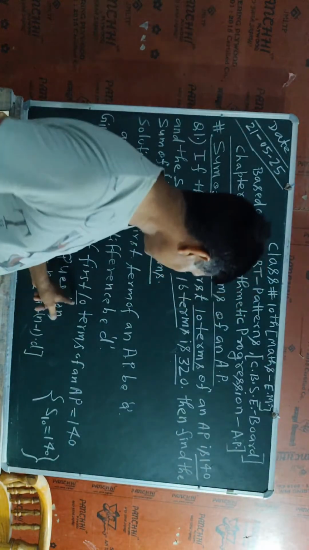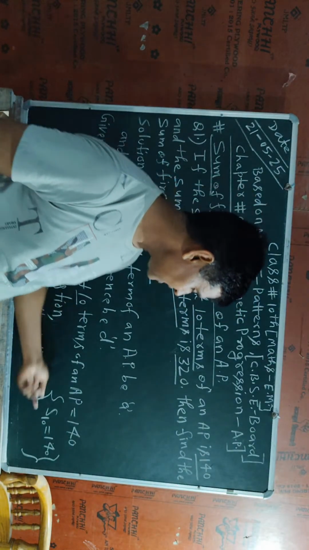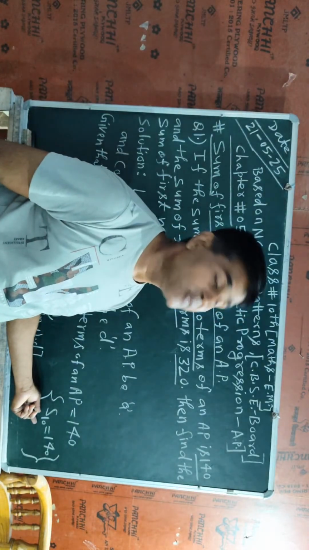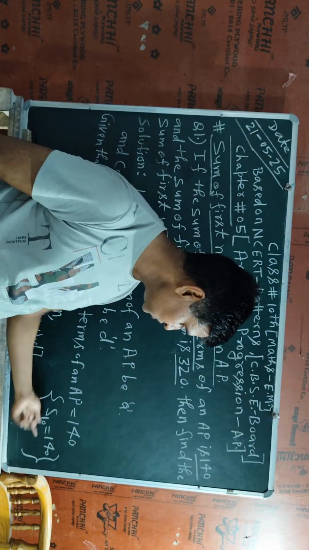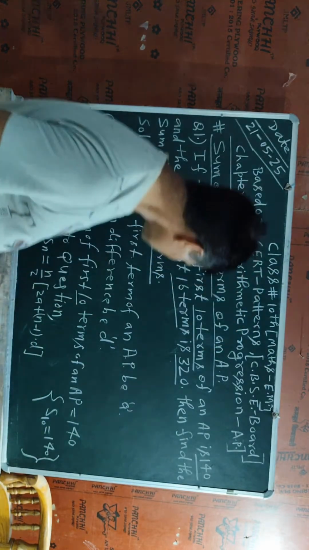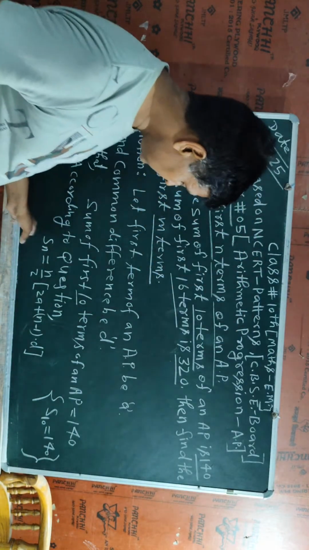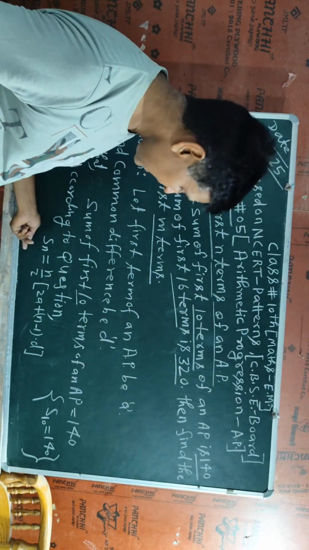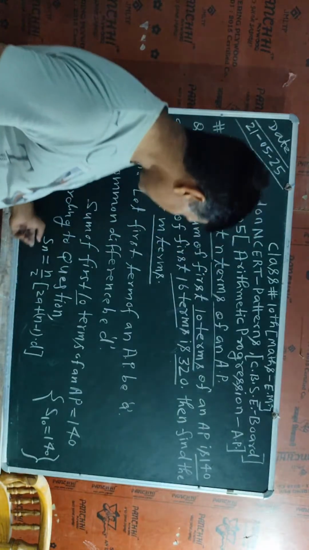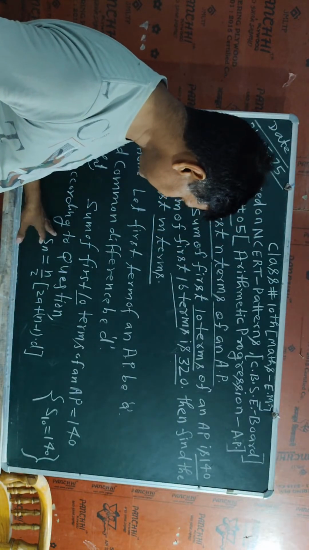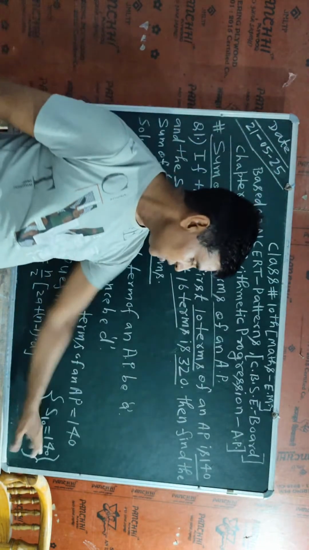That is, the sum of 10 terms of an arithmetic progression is S10 equal to 140. So in this formula I will put the value of n equal to 10, and S10 equal to 140.